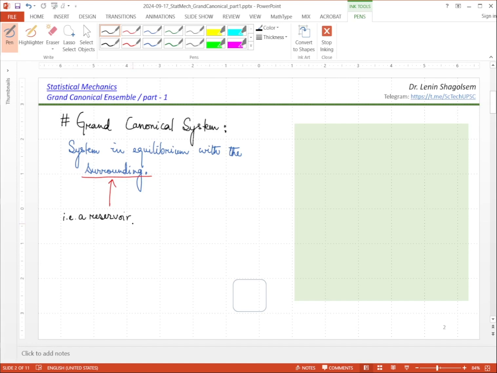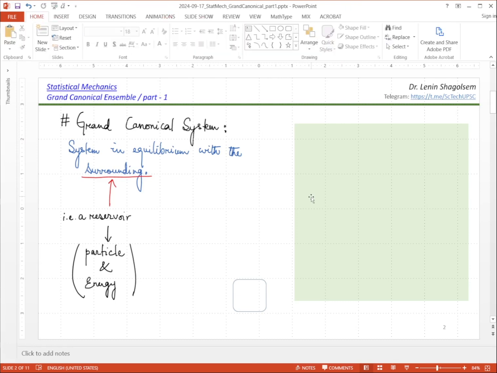So it allowed exchange of energy only. But now in this case, this reservoir is both particle and energy. That means it allows exchange of energy as well as particles between the system and the surroundings.